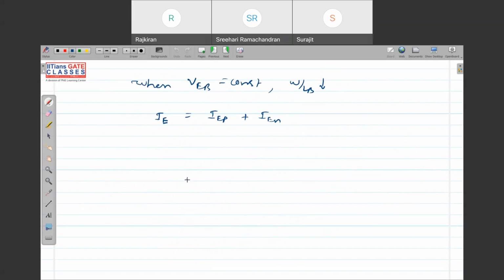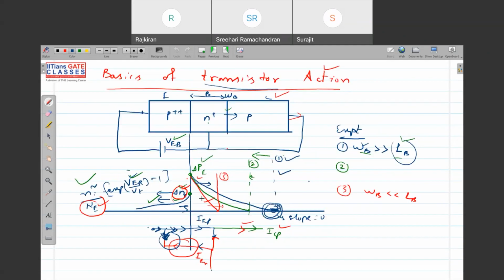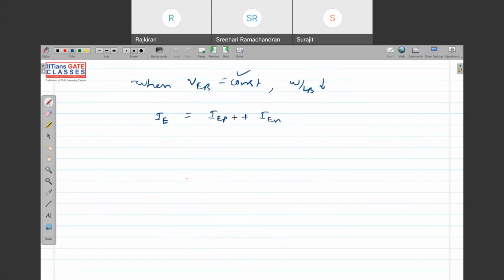So then my question is, what is happening? Suppose VEB is constant and WB is decreasing. What is happening to my IEP? In this region, the slope is increasing, right? So my current is diffusion current, which depends upon the concentration gradient, so it is also increasing.